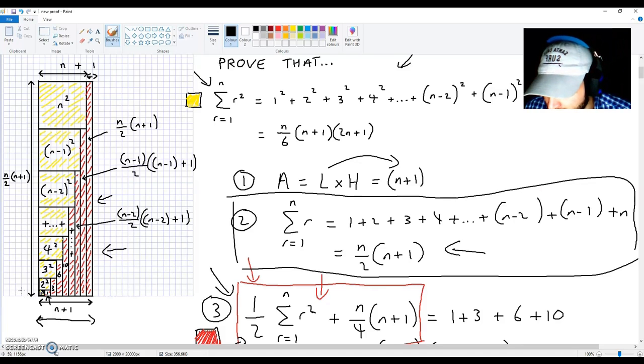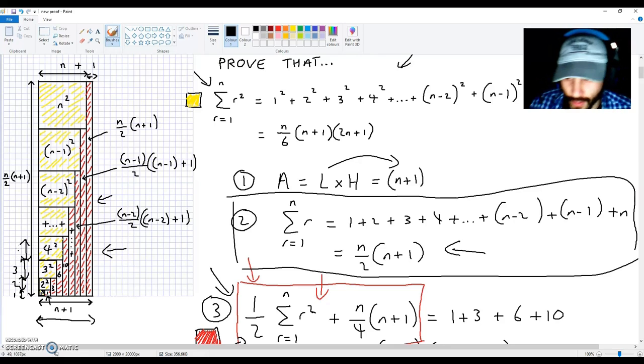It's because the height of this small square in yellow is equal to 1, the height of the second smallest square is equal to 2, the height of this one, 3 squared, is equal to 3, and the height of the 4 squared square is equal to 4. This height is equal to plus dot dot dot plus.